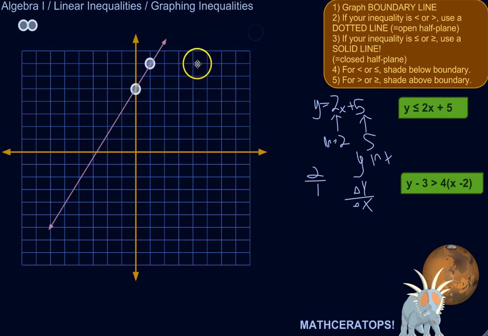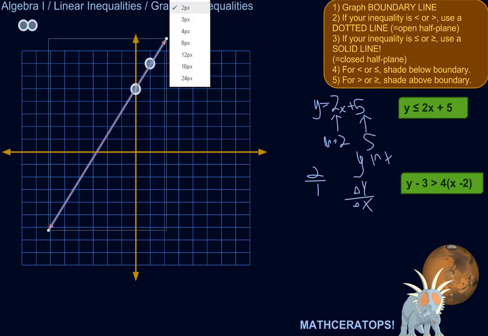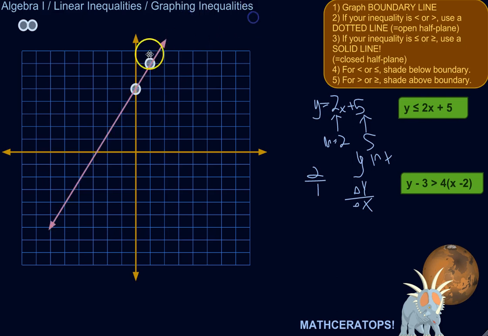Okay. Now the question at this point is, is this line going to be a solid line or a dotted line? It's like when you're graphing numbers on a one-dimensional number line.